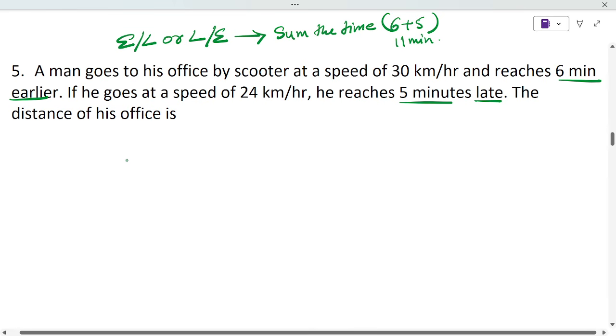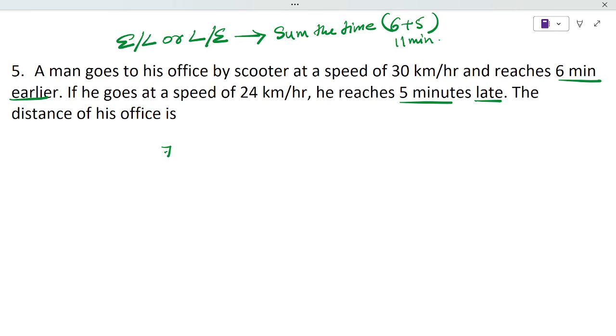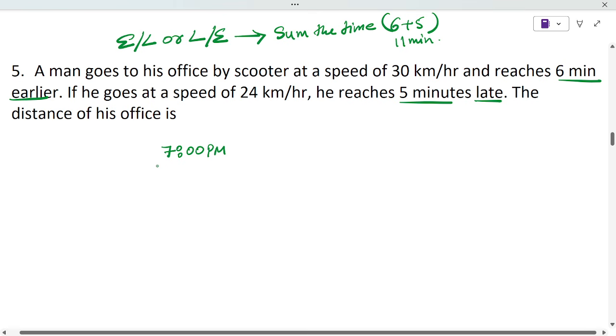Another example to understand better. Suppose the class starts at 7 PM. If I arrive 6 minutes early, that means I arrive at 6:54 PM.